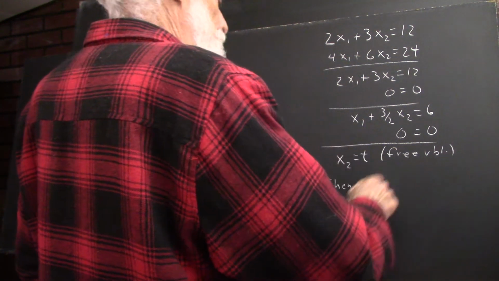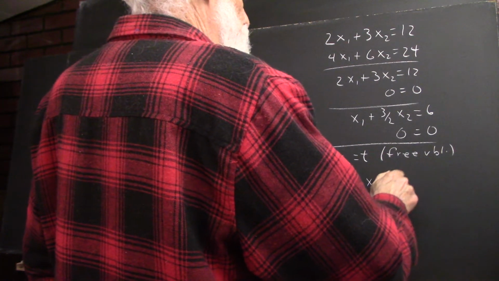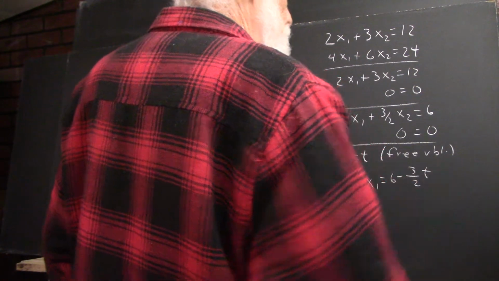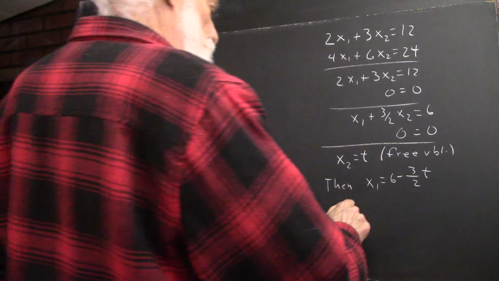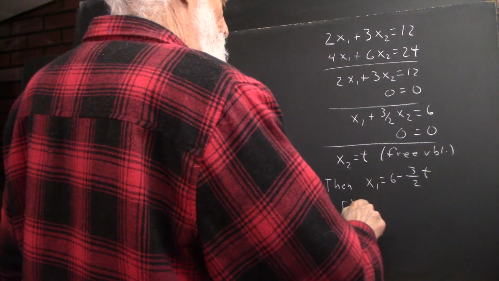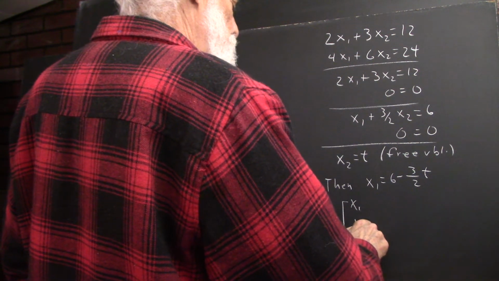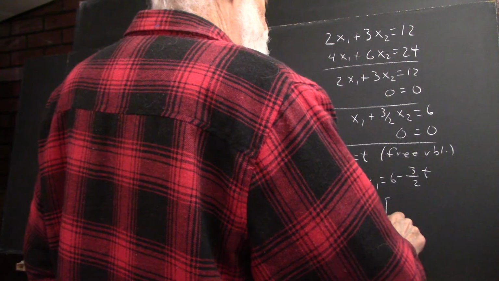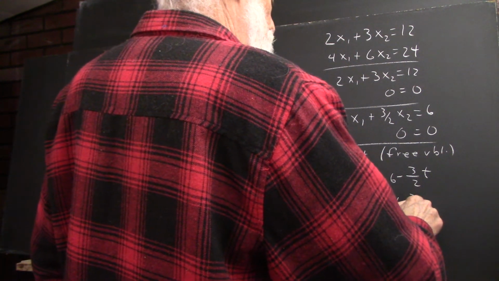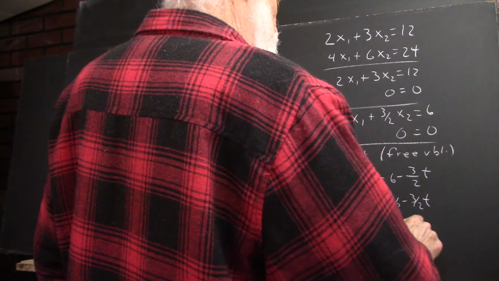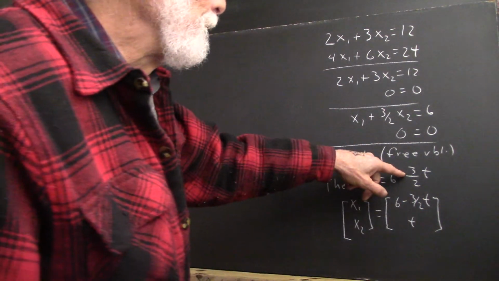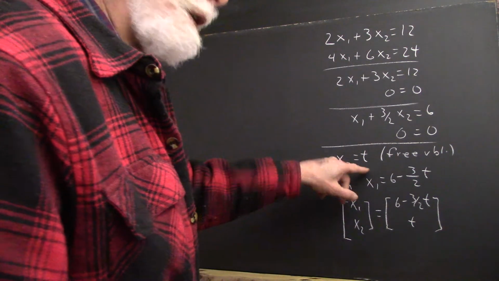Well, if x2 is t, then x1 equals 6 minus 3 halves t, so that the vector x1, x2 equals 6 minus 3 halves t, t. x1 equals this, and x2, as we said here, is t.